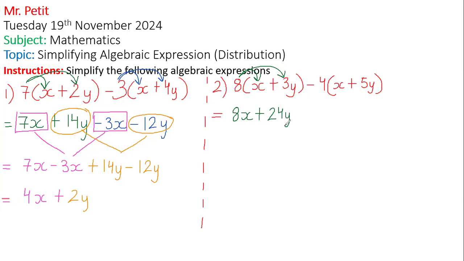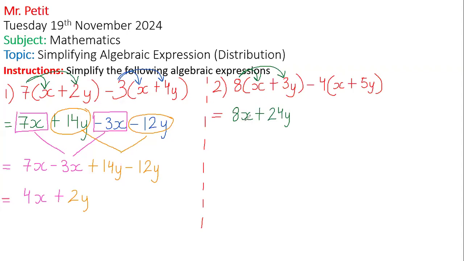Jeremiah, are you there? What is 8 times x? It's right there. No, 8 times x is 8x.